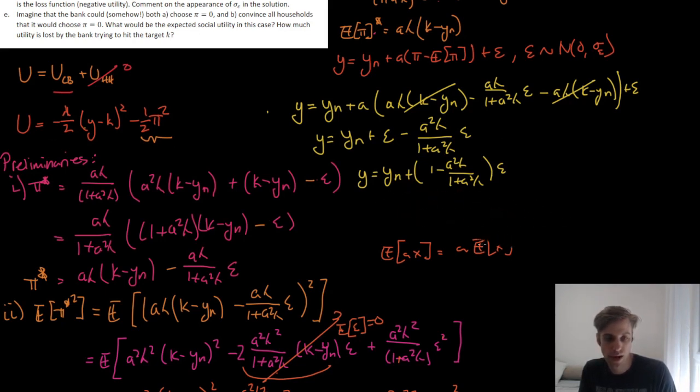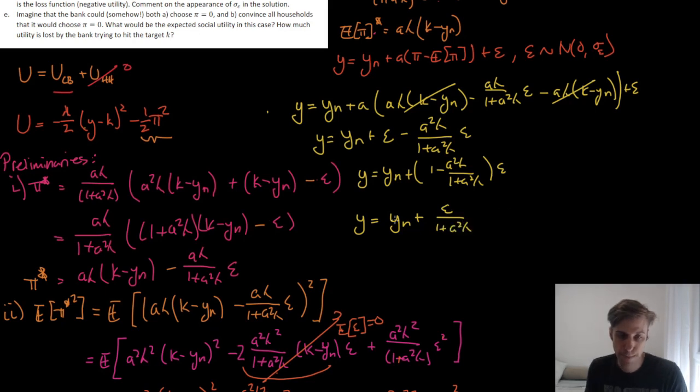So 1, we'll write it as 1 plus a squared lambda over 1 plus a squared lambda, and we're going to get, as our final answer, y is equal to yn plus, the a squared lambdas will cancel, right? So we'll just have 1 on top. So it'll be epsilon over 1 plus a squared lambda. Yep. Okay, so this is our y.